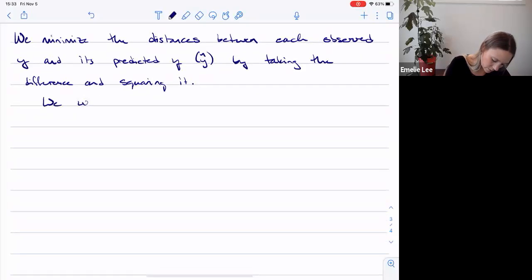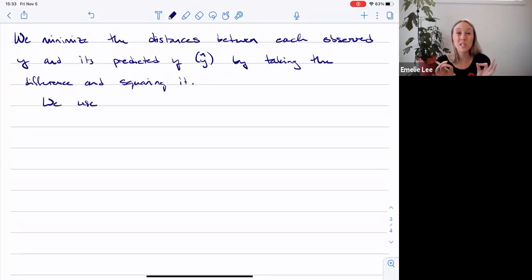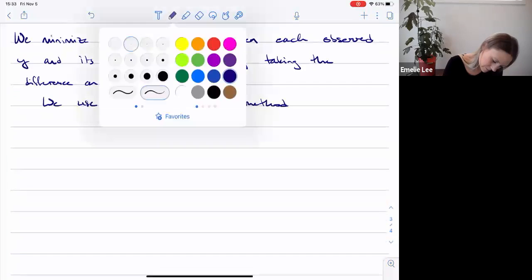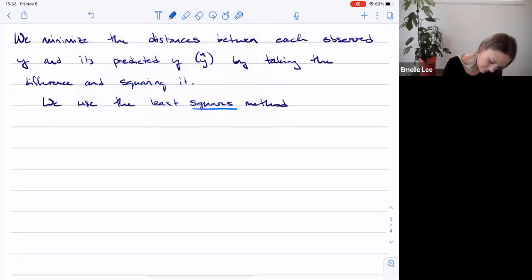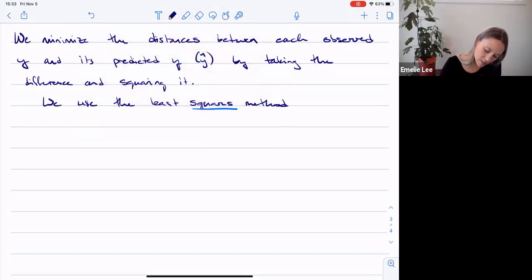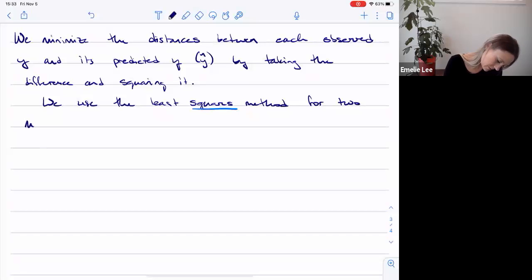We use the least squares method for 2 main reasons, and I'll underline that it's the squares that I'm talking about.